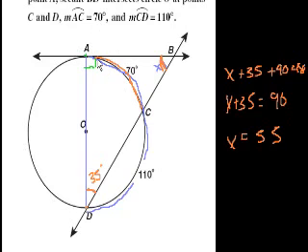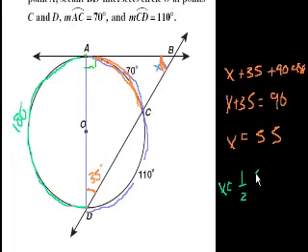So it intersects this arc measure of 70, and it also has this arc measure right here. When it hits the circle it intersects at 70 degrees, and when it exits the circle it has this arc measure, which we already figured out is 180 degrees. So x is equal to 1/2 the difference of these two arc measures, and we can do that because x is outside of the circle.